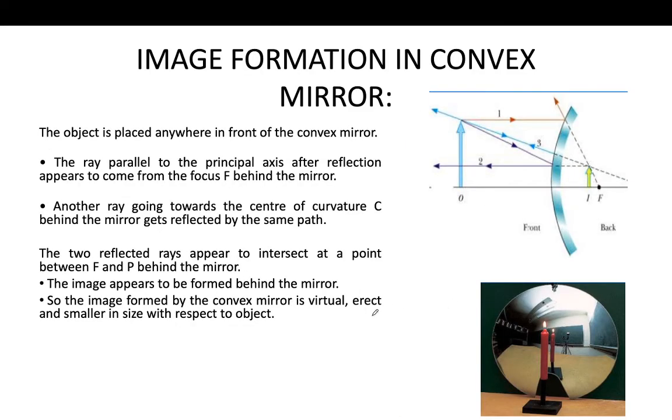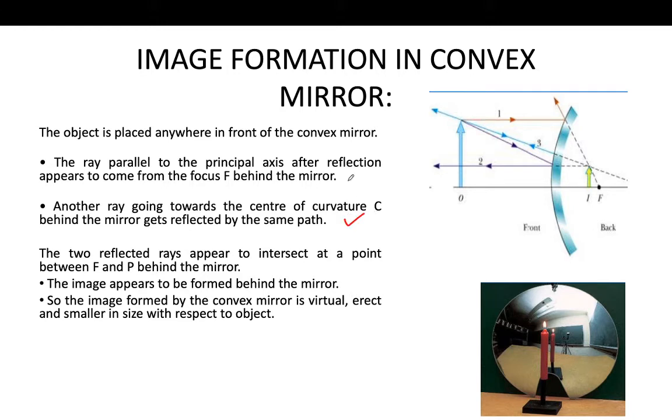Now how is the image formed in a convex mirror? The object is placed anywhere in front of the convex mirror. The ray parallel to the principal axis, after reflection, appears to come from the focus behind the mirror. That is the same rule. Another ray going towards the center of curvature behind the mirror is reflected along the same path.